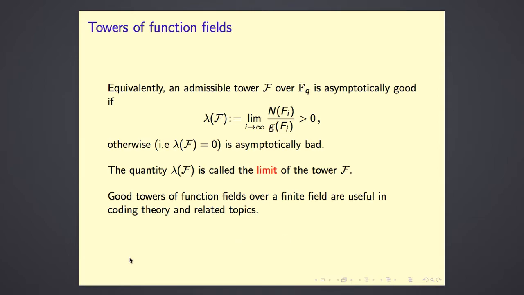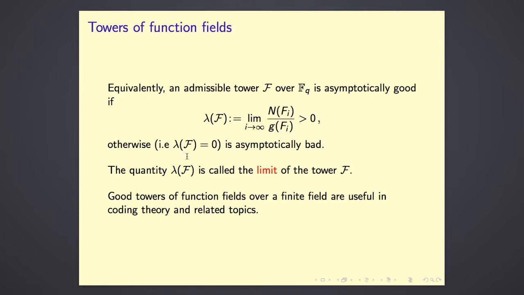There is an equivalent way of seeing this, and this involves what is called the limit of the tower, which is just the limit of the number of rational places of F_i divided by the genus of F_i. If this limit is positive, it can be seen that the tower is good.